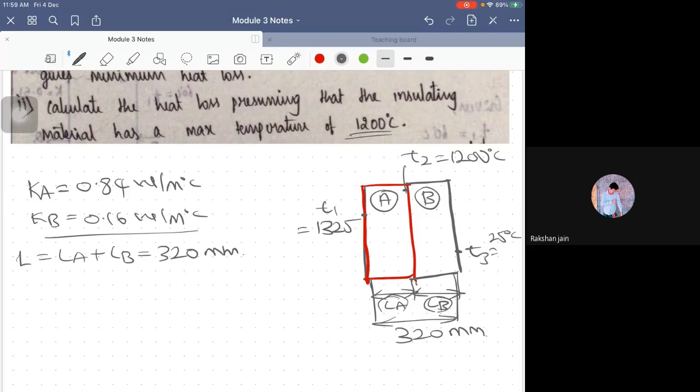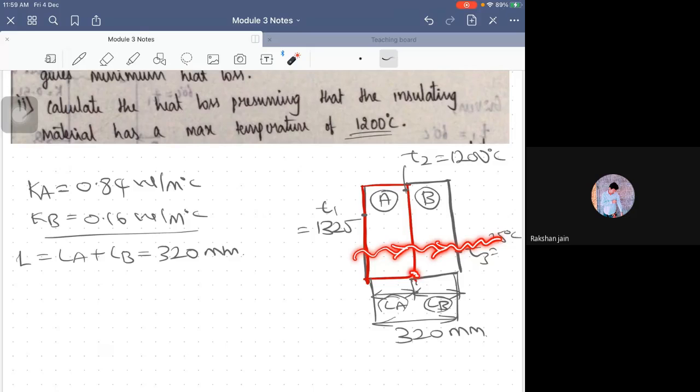Solving the first block and adding the second block. Okay, let me put it in this way, Rakshan. The amount of heat which is getting transferred remains the same throughout. Keep this in mind. The amount of heat which is getting transferred remains the same throughout the blocks.